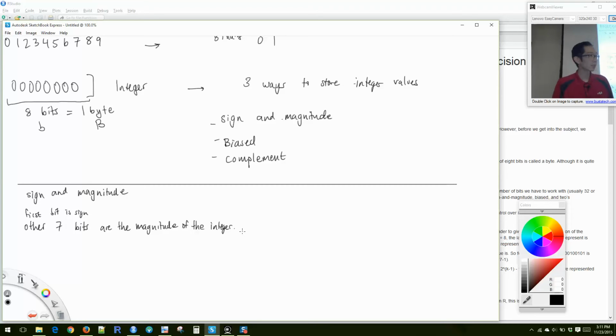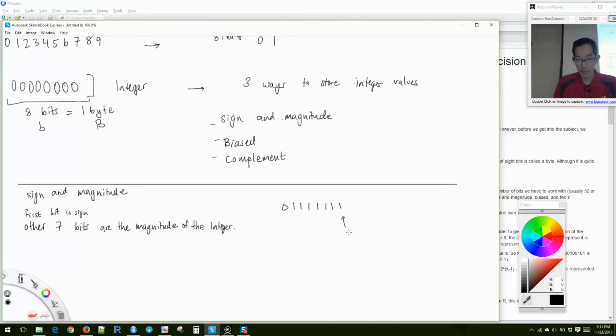The largest value you can have: 0 will generally represent positive, and then you'll have 1s in the remaining places.